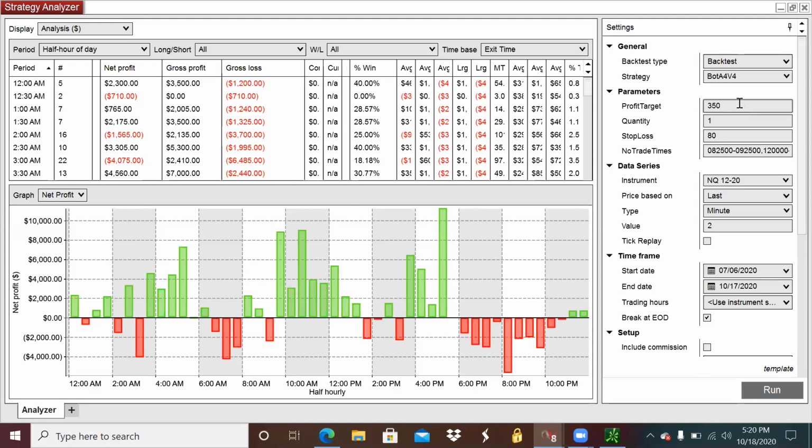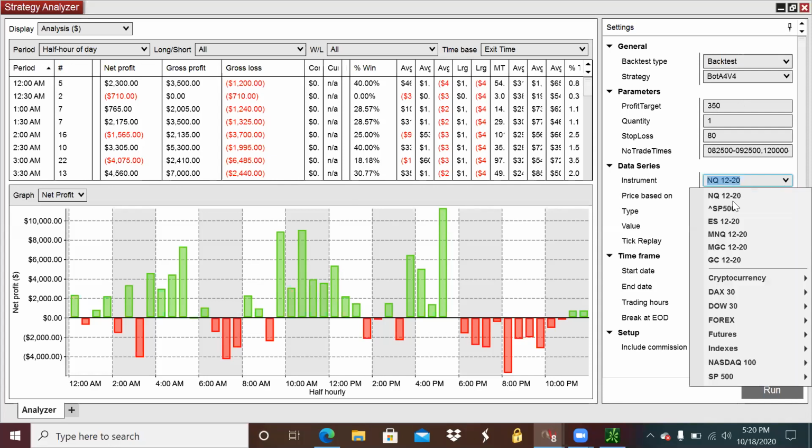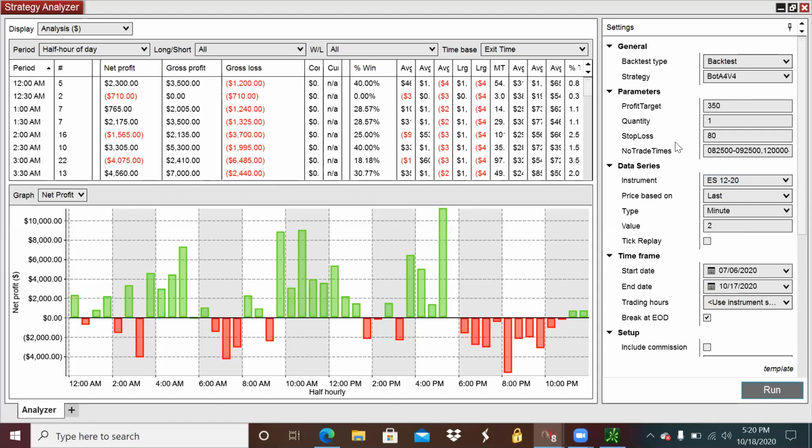I have it run as a 350 and then the start date, 7/6/2020. So let's say the ES is not... if you want to run this on ES, you're gonna have to make some changes and have some parameters for optimizing the bot.